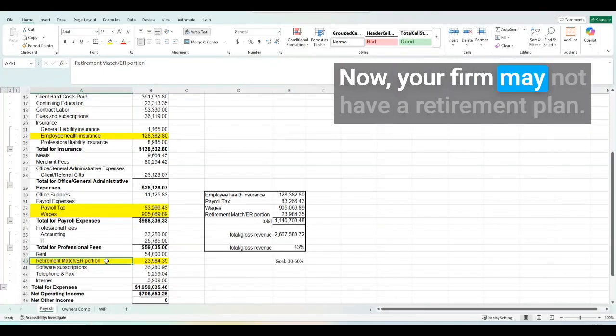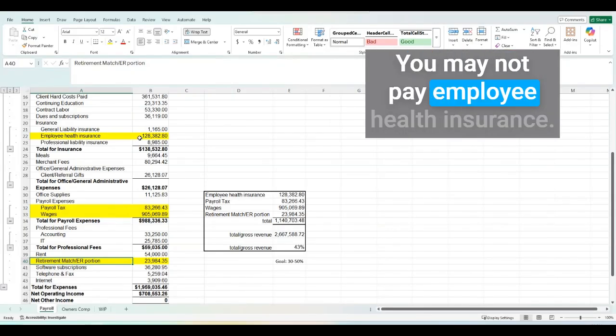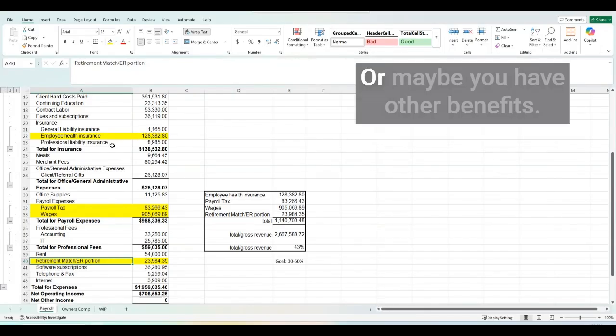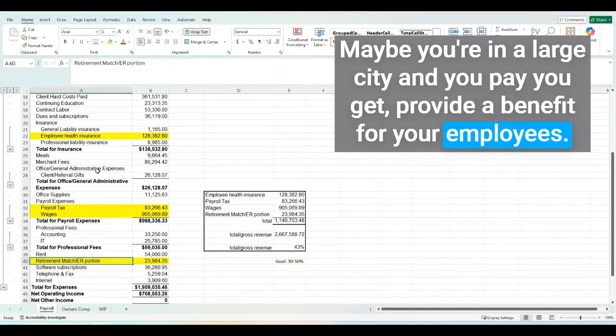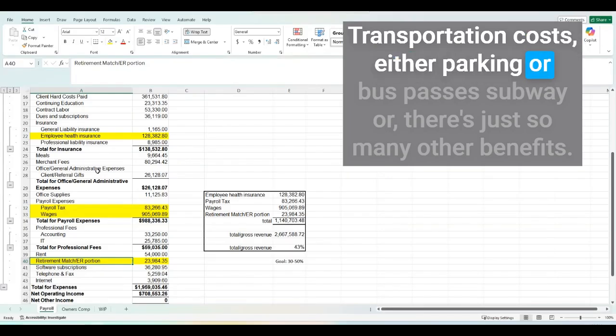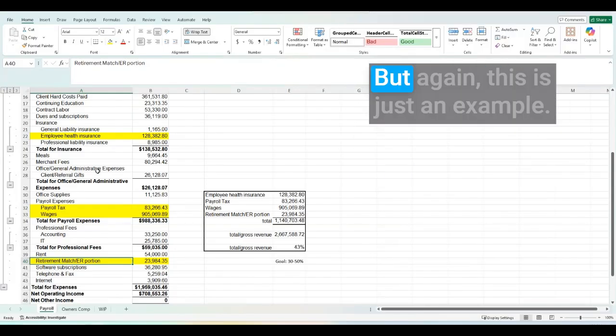Your firm may not have a retirement plan, or may not pay employee health insurance. Maybe you're in a large city and you provide a benefit for your employees' transportation costs, either parking or bus passes, subway, or there are just so many other benefits. I can't even go through all of them, but again, this is just an example.